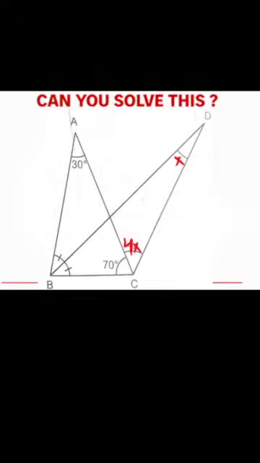Yes, Will Johnson, you are right. KGM has given the answer, but no explanation was there. 70 by 5 is 14, which means 14.